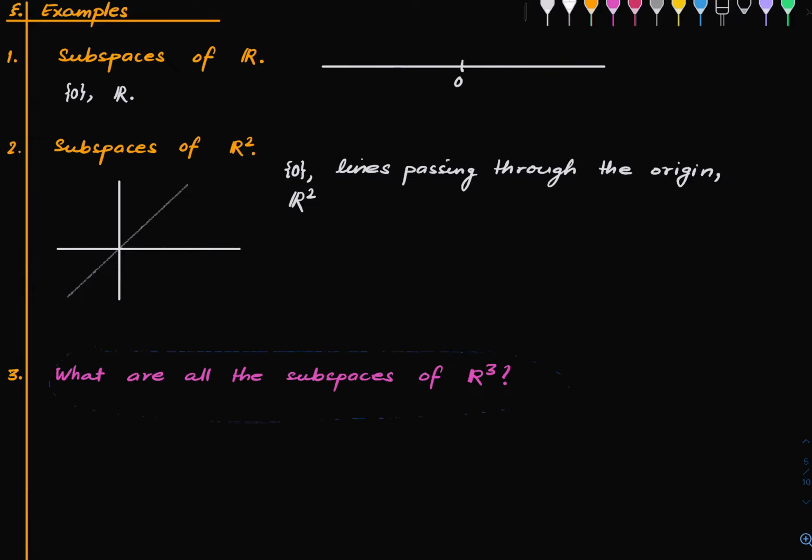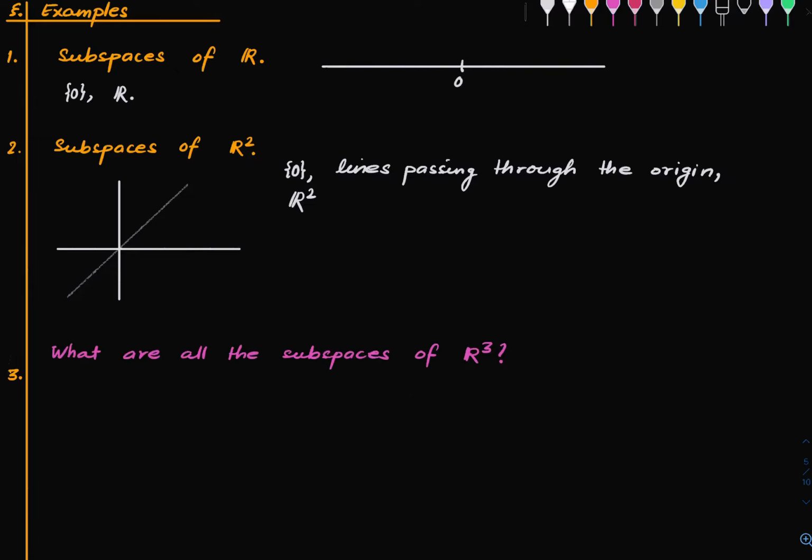Lastly, this is something that I will again not do in any detail. This will be something for you to think about. What are all the subspaces of R3? I will write down the answer, but then you'll have to justify it. So clearly this is a subspace. Then lines passing through the origin.